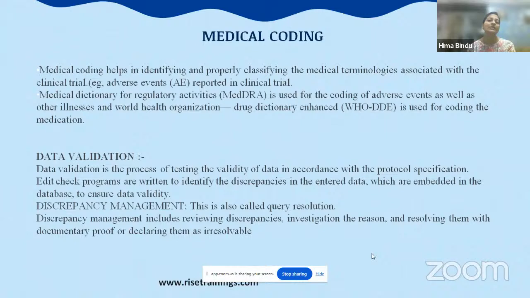So all these they will code through the medical coding process. For that, as per the regulatory guidelines, we'll have one dictionary called MedDRA, and also WHO-DDE. These are the main dictionaries which we will use during the medical coding process. Okay. Next.